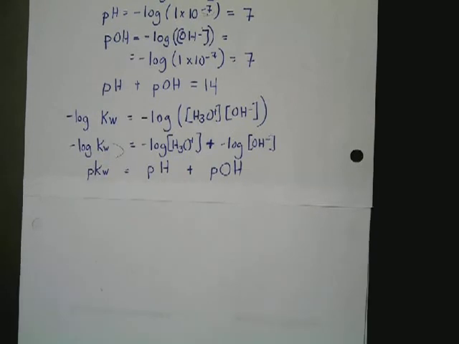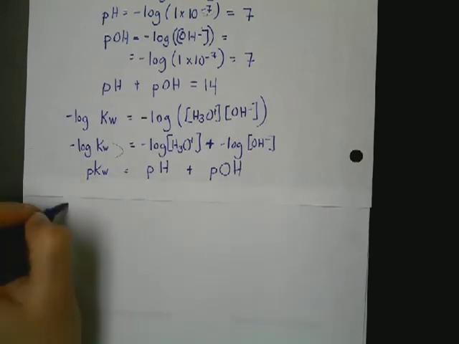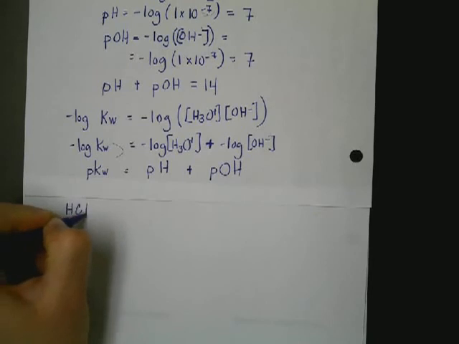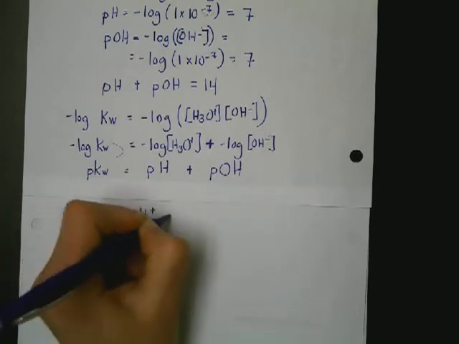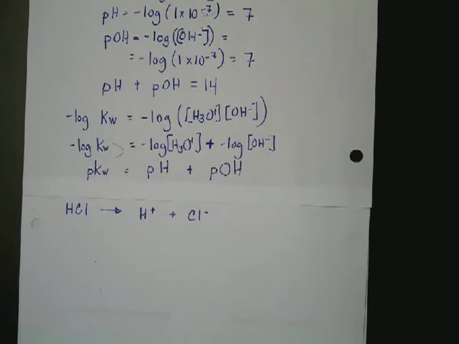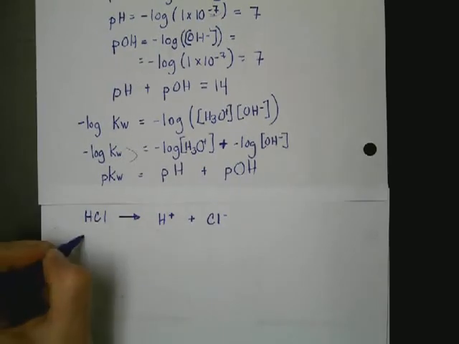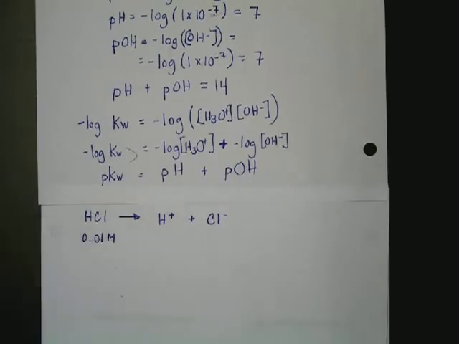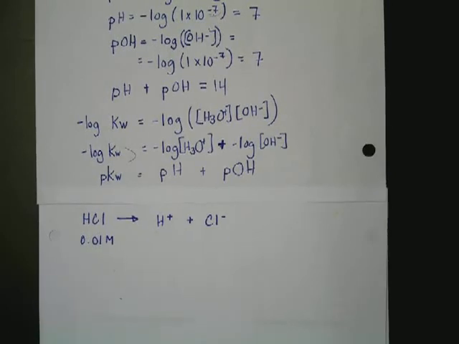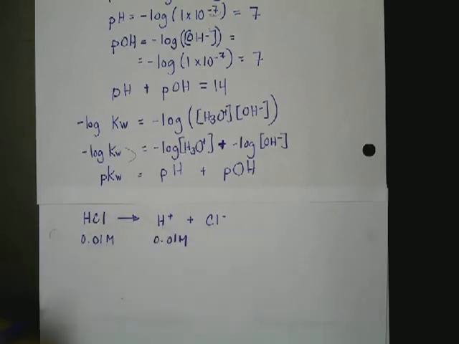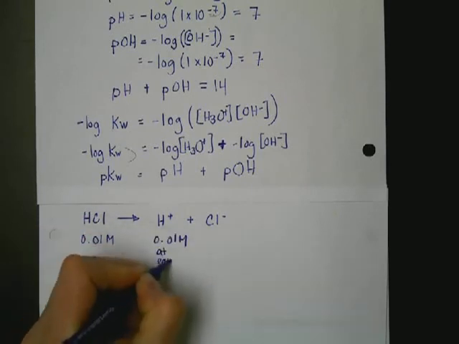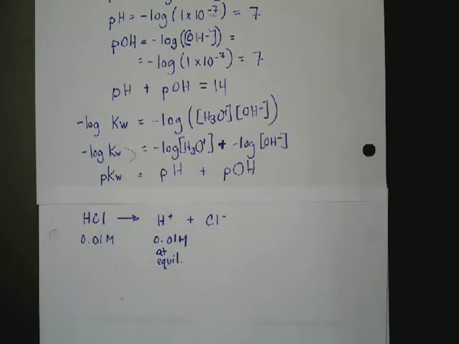Okay, so if I have a strong acid like HCl, HCl completely dissociates into H plus and Cl minus. So if I have a 0.01 molar concentration of HCl, what is the concentration of H plus at equilibrium? 0.01, because it completely reacts.